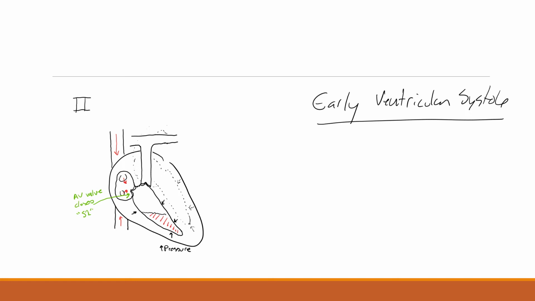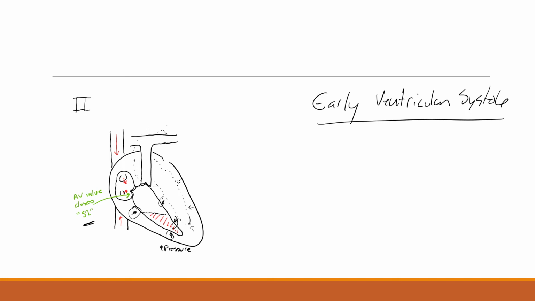So when they contract, you'll notice something that I changed in the drawing over here is the AV valve starts to close. What happens is, as the ventricular muscle starts to contract, all right, that cardiac muscle starts to contract, and I drew that with these little arrows here pointing inward, basically to indicate that the chamber is going to get a little bit smaller as the muscle around the wall starts to contract and squeeze inward. And so as it starts to do that, it's going to generate pressure.